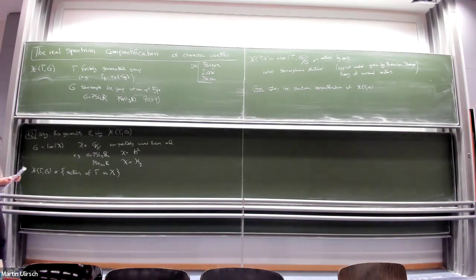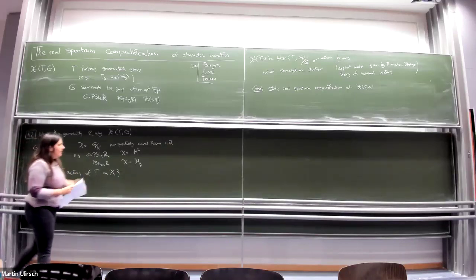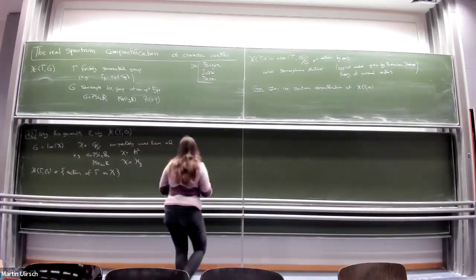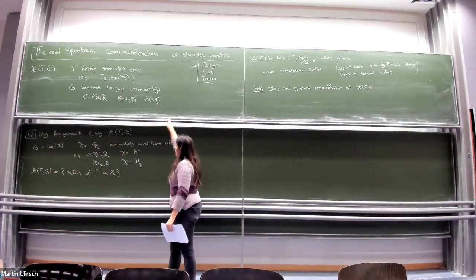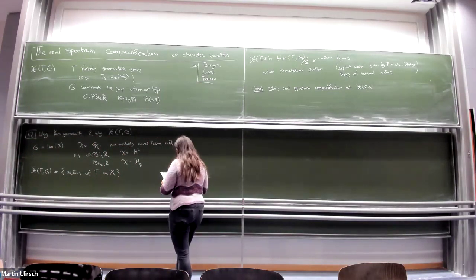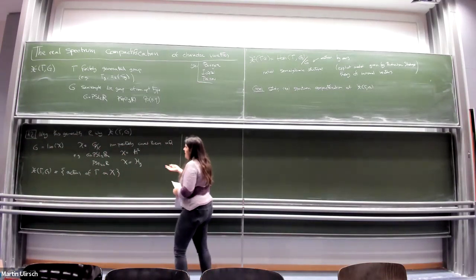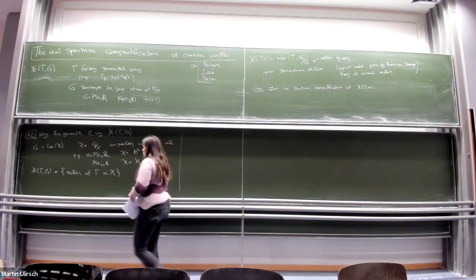Okay, so this works for any group, also a complex group. But one reason why I really insist on the real perspective is that in this case, I get some interesting actions.